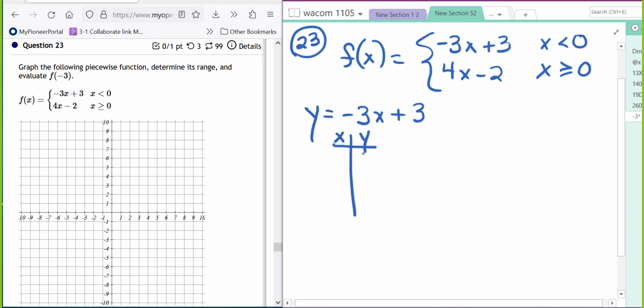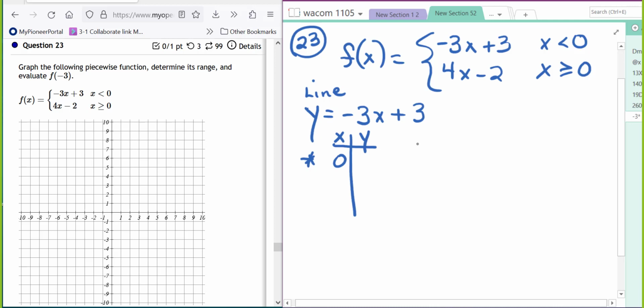I'm not going to have the whole line. And I need to use this value that's on with the condition. So I'm going to need to use a 0. I'm going to put a star by it because it will either be an open or closed circle. It will be open because there's no equals underneath. But we'll plug it in and see what we get.